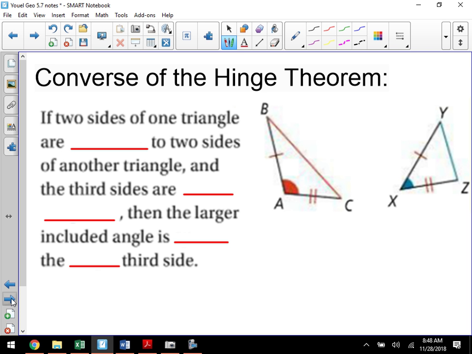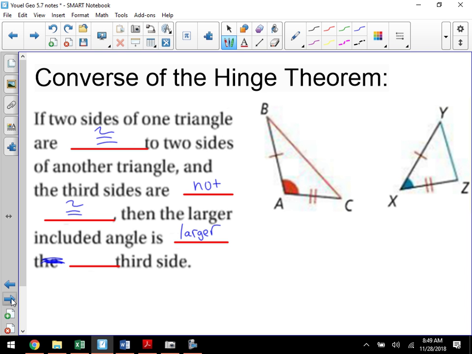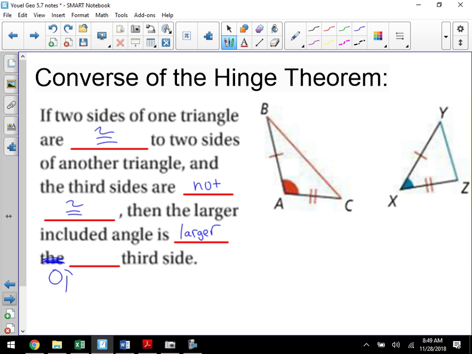So if you happen to have two sides congruent to two sides of another, same idea, and the third sides are not congruent, then the included angle is larger, oops, opposite the third side.